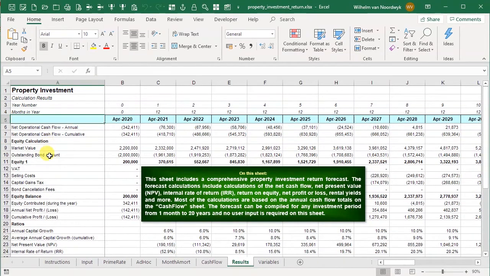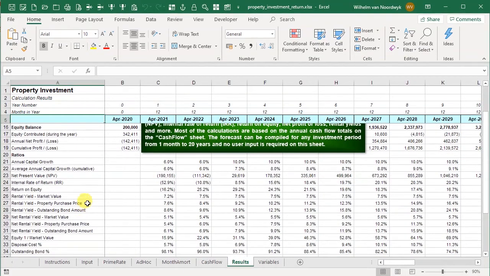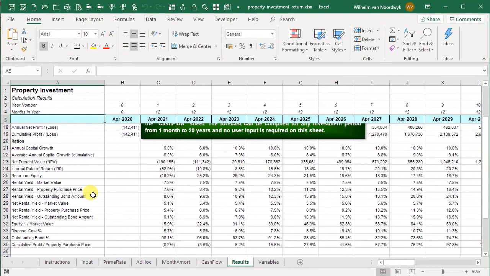Then we have the equity 1 calculation, which is basically your market value less your outstanding bond. We then deduct selling costs and capital gains tax to get to an equity balance. There's also an annual and a cumulative net profit or loss, and then we get to the ratios. So the ratios, you have an annual capital growth rate, which is annual and cumulative.